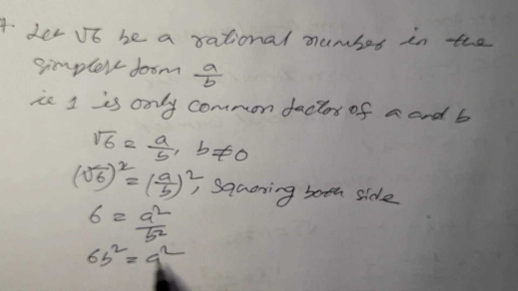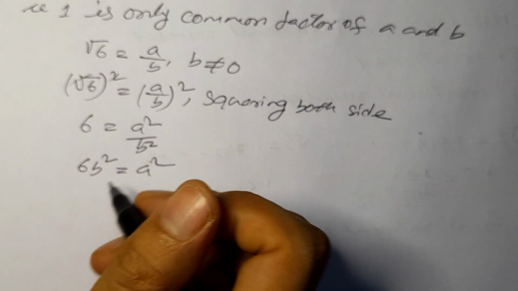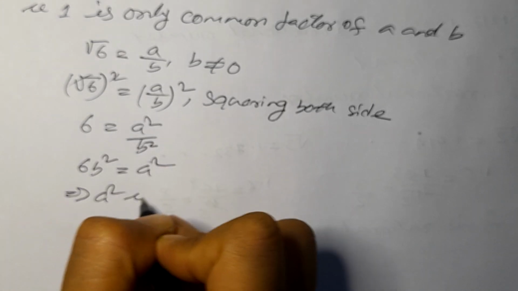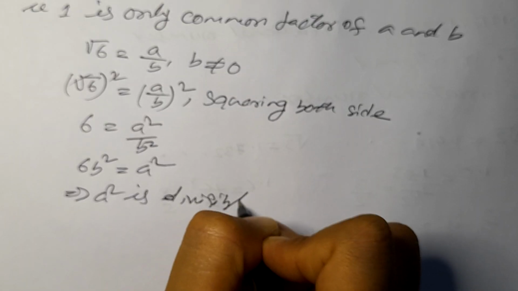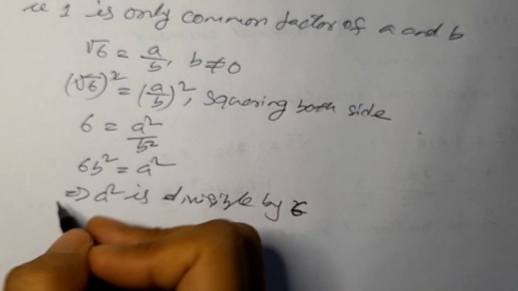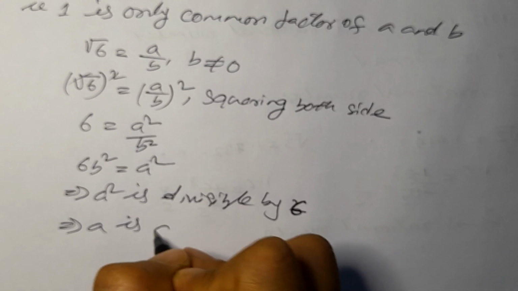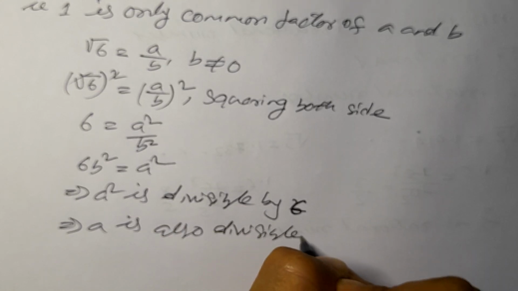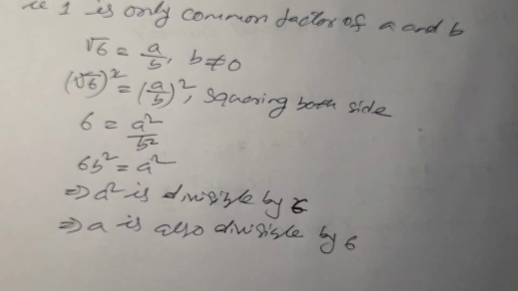Since this is divisible by 6, therefore a square is divisible by 6, which implies a is also divisible by 6.